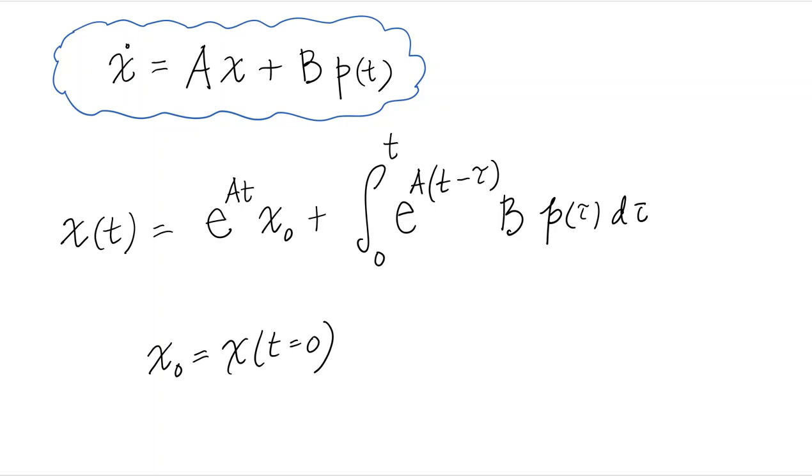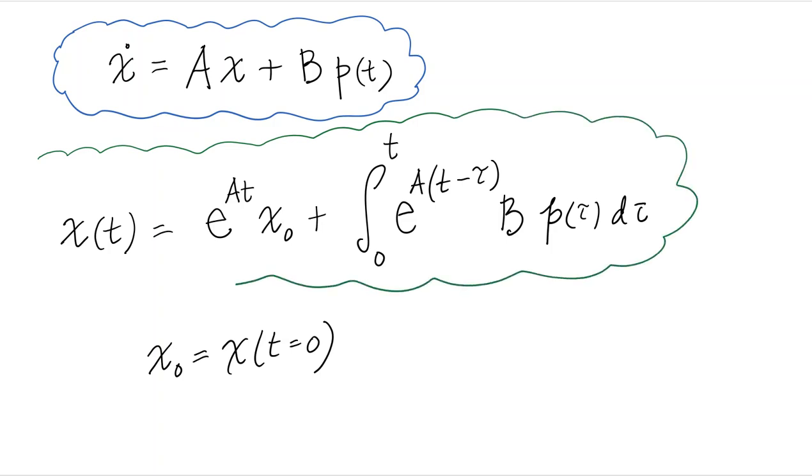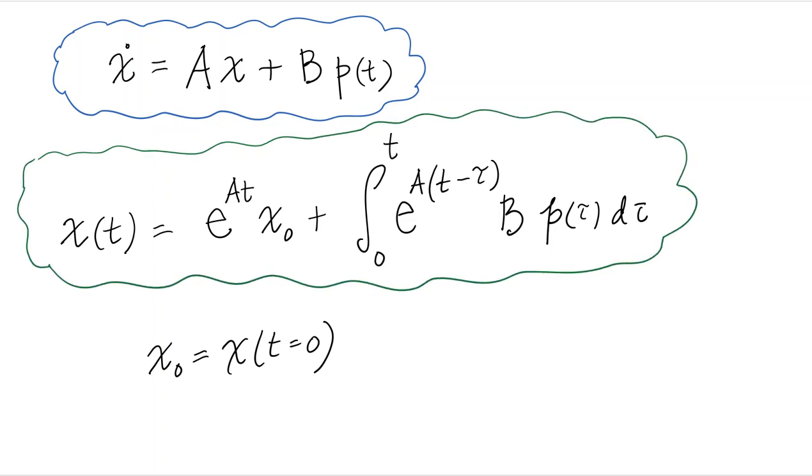Again, from the previous lecture, we know that the solution to this first order differential equation looks like this. And again, X is the state vector, which is, in the case of structural dynamics, displacement and velocities.